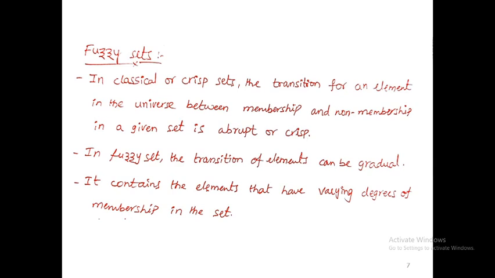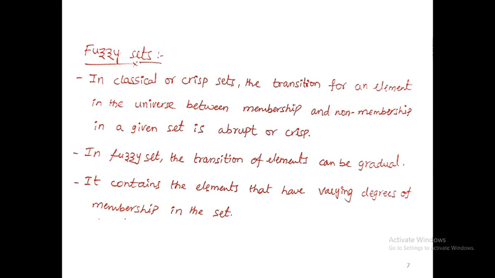So those are the crisp sets or classical sets. In those only we get 0 and 1, as we have seen so far. That's why it is either the null set or the whole set. But now, fuzzy sets. In classical or crisp sets, the transition for an element in the universe between membership and non-membership in a given set is abrupt or crisp.